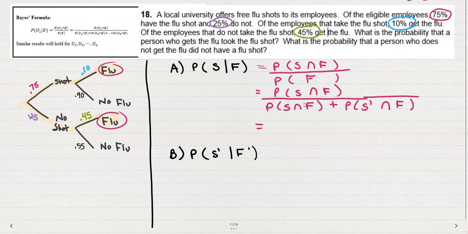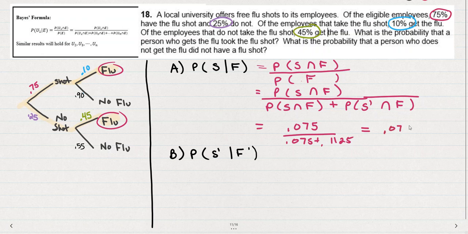So the shot and flu, 0.75 times 0.10, 0.075, divided by 0.75 times 0.10, added to 0.25 times 0.45. So that calculates 0.075 plus 0.1125.